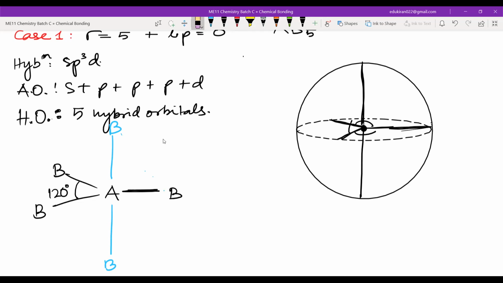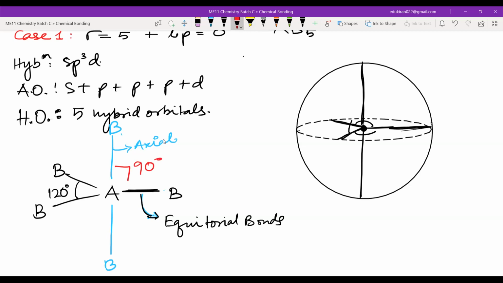That is why these blue bonds are known as axial, and these 3 bonds in black are known as equatorial bonds. Here the angle is 90 degrees, and here the angle is 120 degrees.